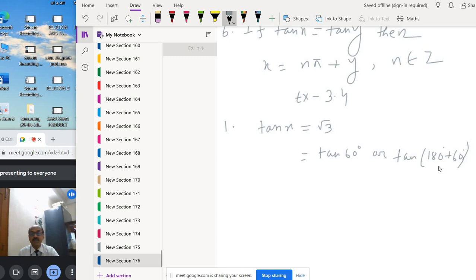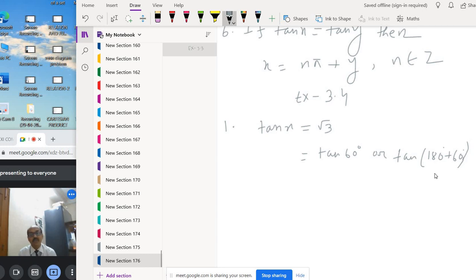See, 180 means 2 into 90 plus 60. So 2 into 90 plus 60, third quadrant, and 2 into 90 it is even. So tan only, tan 60, and in the third quadrant tan is positive. So tan 60 is root 3, same value.